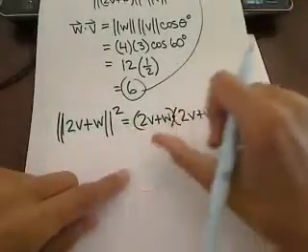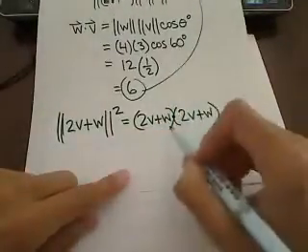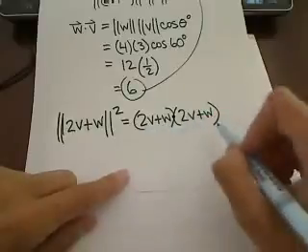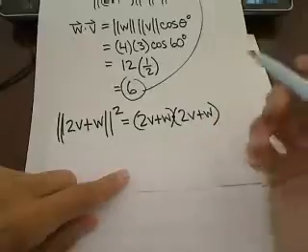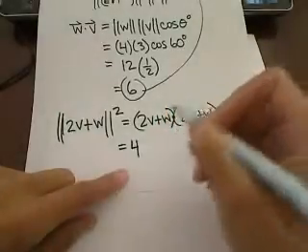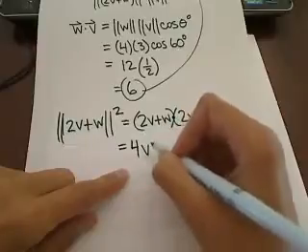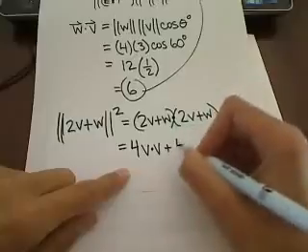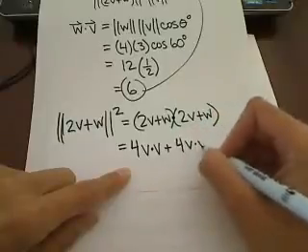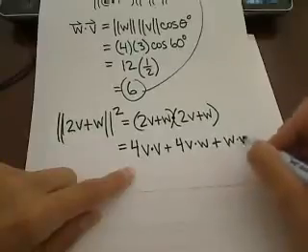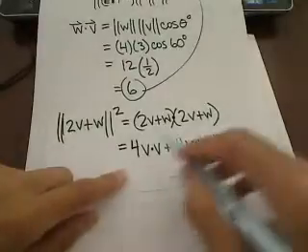of these two. Now, you can go through and do all the steps. You've got 2 times 2 is 4, and then you've got v dot v and v dot w, and this just ends up working like the distributive property. So I'm just going to go ahead and write it out. This is going to be 4 times v dot v, and then you're going to end up with 4 times v dotted with w, and then you're going to end up with w dotted with w.